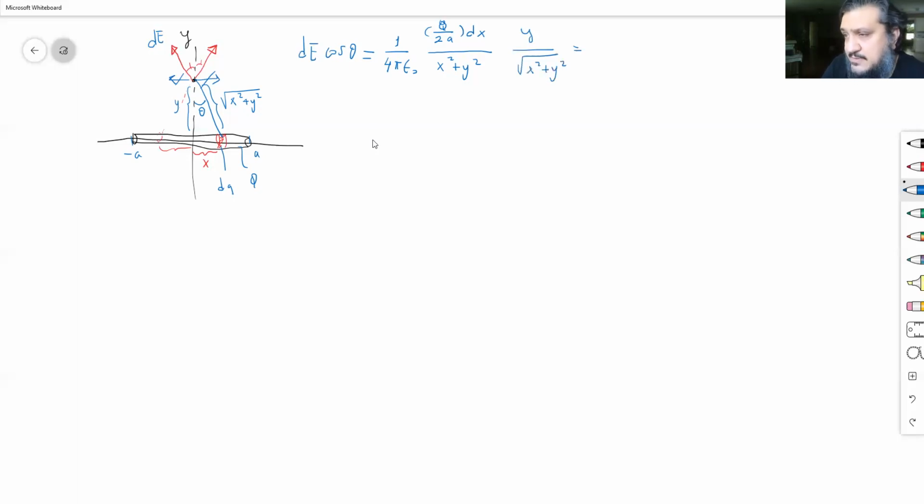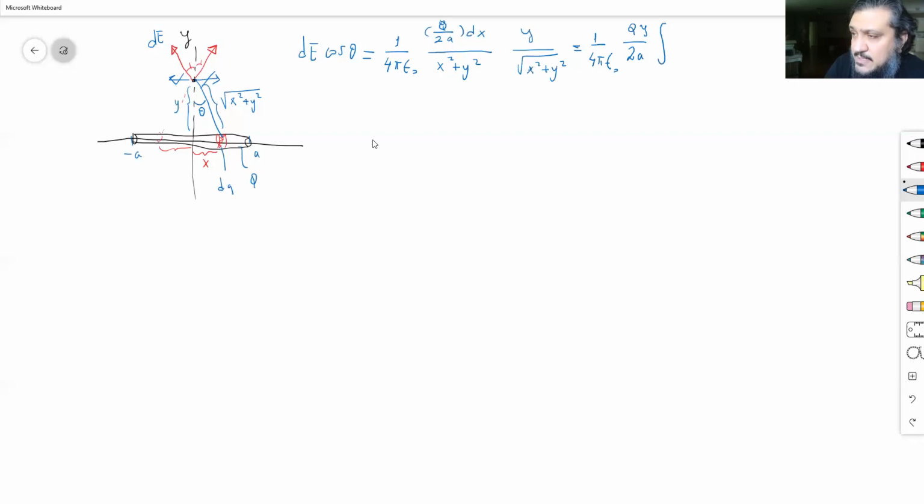So the thing I'm going to be integrating is 1 over 4 pi epsilon 0 q over 2a integral of, actually, y is just a constant for this integral, okay? I'm integrating over x.